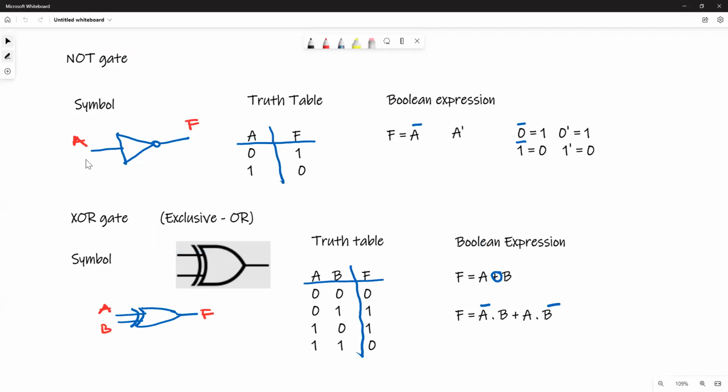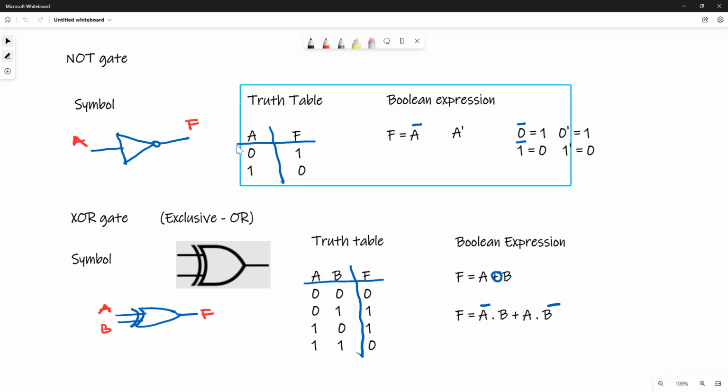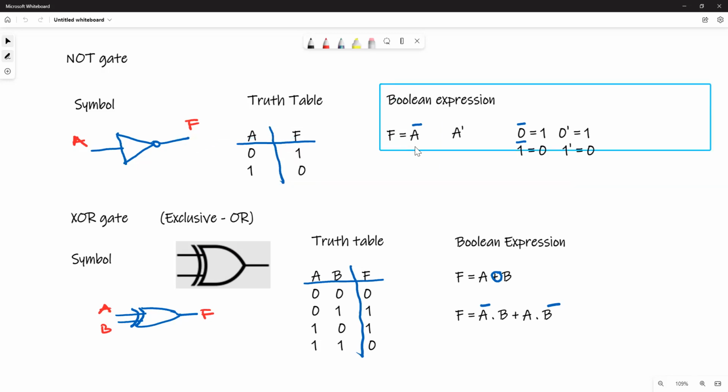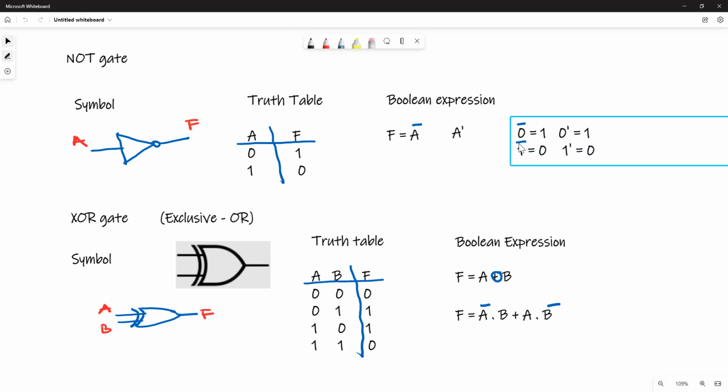So for the NOT gate, we have input A and the outcome is F, which is the complement of A, represented as A bar or A dash. So 0 bar is 1, and 1 bar is 0.